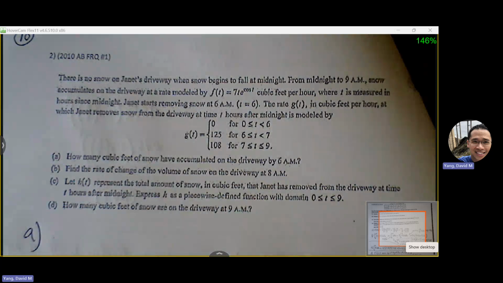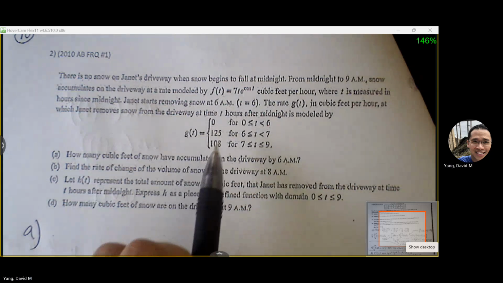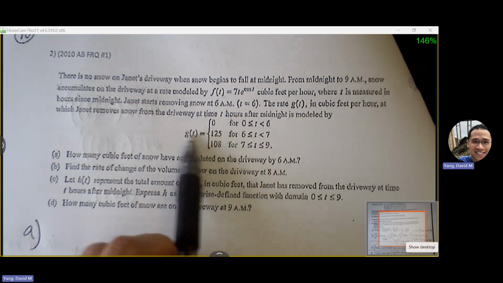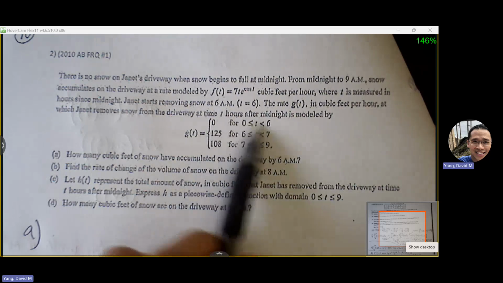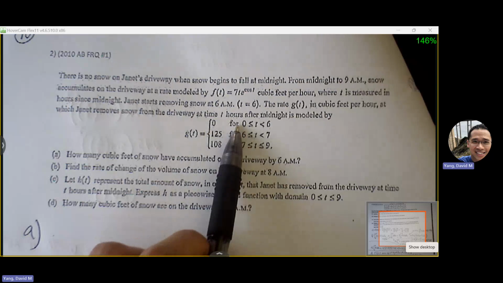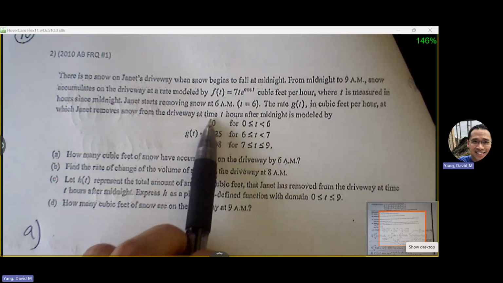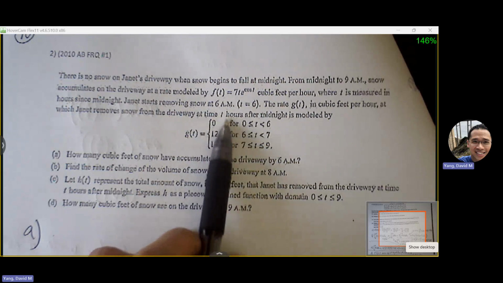Janet starts to remove snow at 6 a.m. The rate g of t represents the rate at which Janet removes snow from the driveway. So we see that g of t represents her rate in terms of the work that she does. Between 12 a.m. and 6, she's inside the house, not shoveling snow.